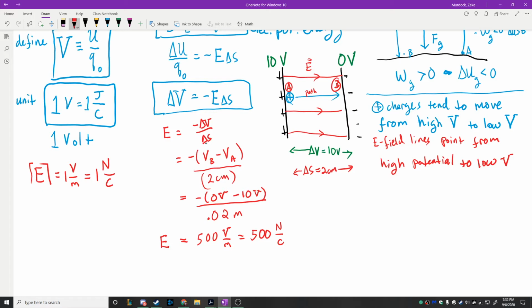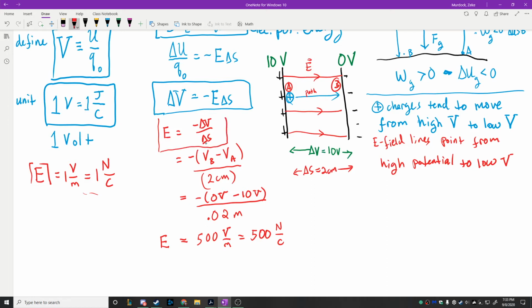You can work out for yourself that if a volt is a joule per coulomb, it's only one step to prove that this is true. But very commonly, you're going to see volts per meter as your new measurement of the electric field.